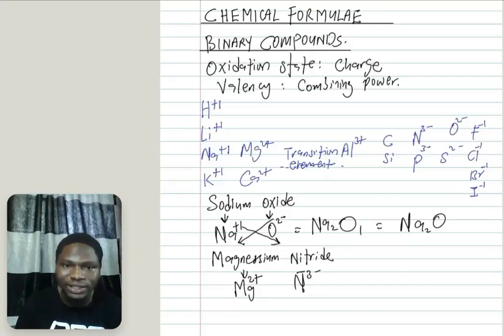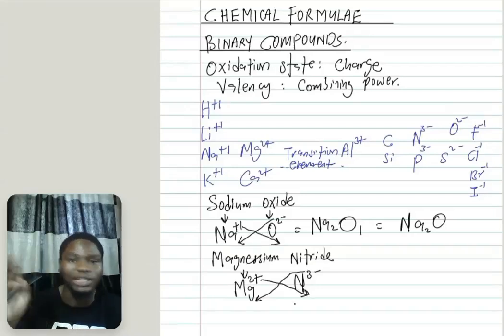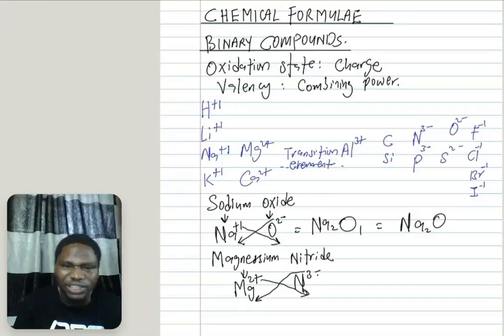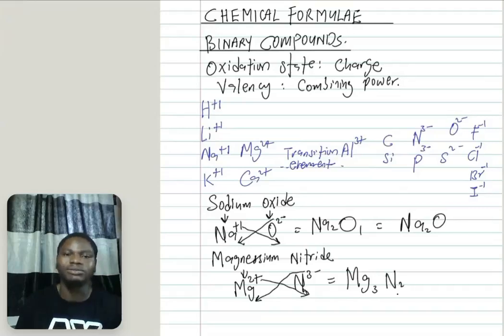That is, this 3 that you see here, exchange it for this, and these 2 that you see here, exchange it for this. Remember, whenever we are talking about valency, we don't talk about charge at all. So we just neglect the charge and just exchange the numbers. Now look at magnesium. What number will I put at the subscript? Look at the arrow. That's 3. Here, what number will I put at the subscript? That is 2. And that's all. So you can see this pattern.